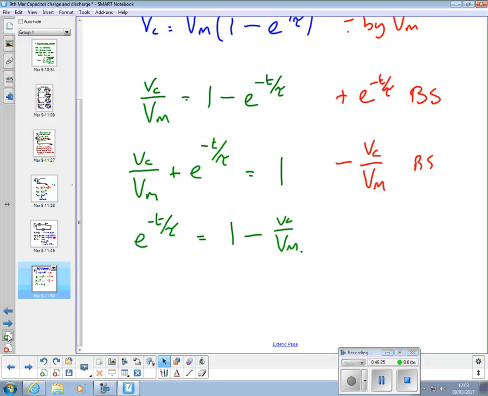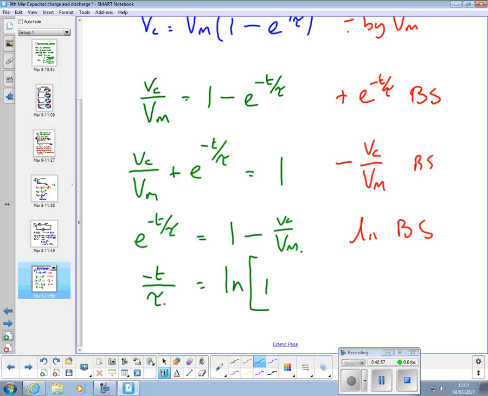What's the opposite? How do we get rid of e? Look at your calculators. Ln, natural log. Ln of both sides. So if we do the natural log of that, the e disappears, and we end up with minus t over tau. We've got to take the natural log of everything on this side.